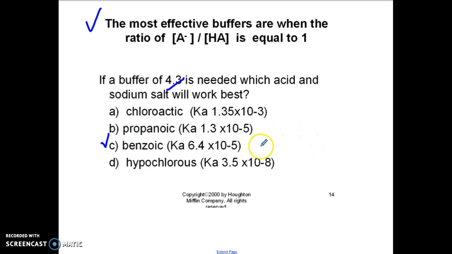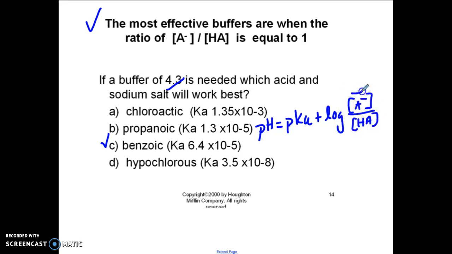And the reason why is that pH is equal to the pKa when this ratio is 1. Remember we said the most effective buffer is when these ratios are at 1. So if this is a 1, we know that the log of 1 is 0, so in effect you're adding 0, and we can say that the pH is equal to the pKa.